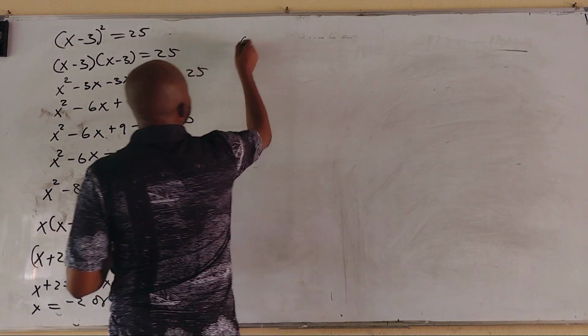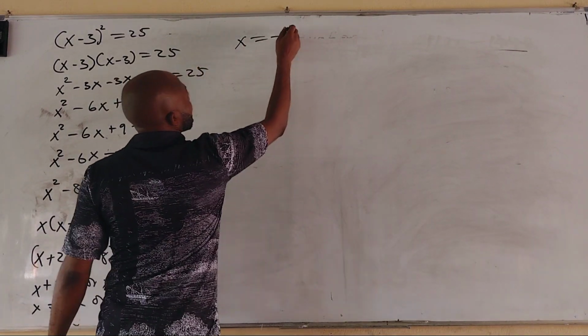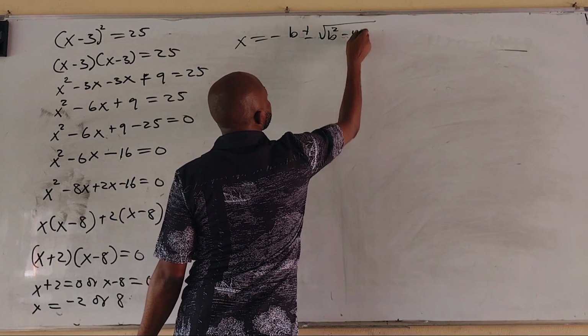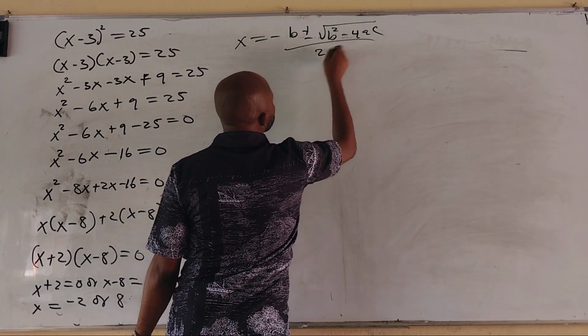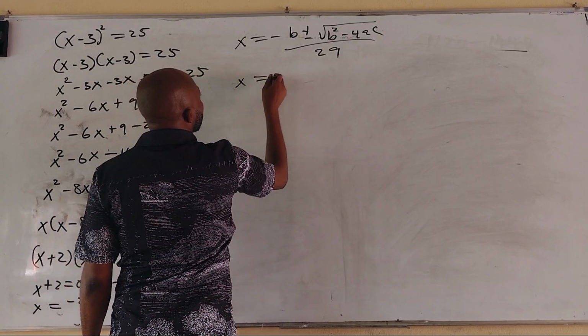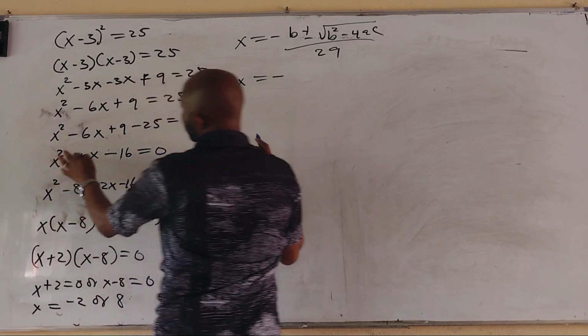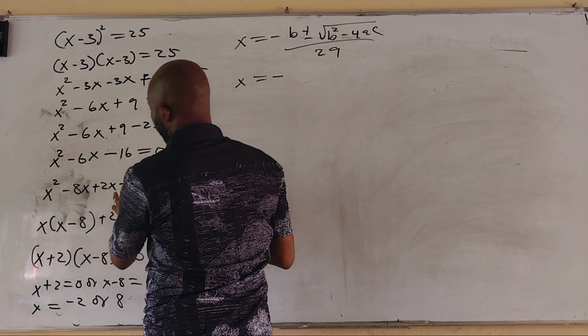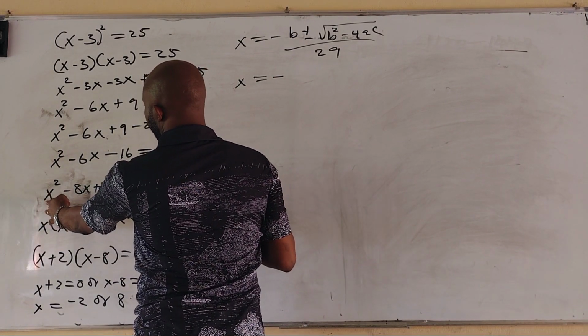So I have x equals to minus b plus or minus the root of b squared minus 4ac all over 2a, and x is equals to minus my b. This is the last step here.